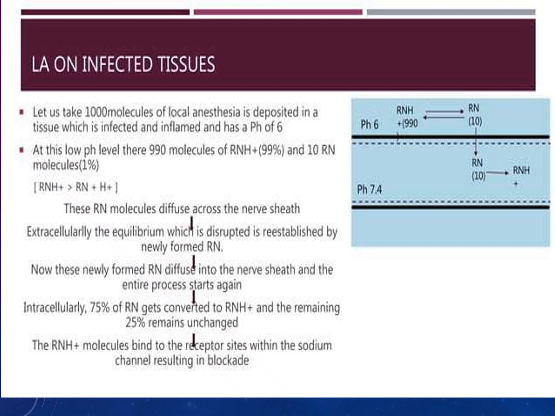At this low pH, there are 990 molecules of RNH+, that is 99% of the molecules are in the RNH+ form and only 1% are available in the RN form. So, only this RN form will diffuse across the membrane, of which 75% gets converted to RNH+ and 25% remains unchanged.